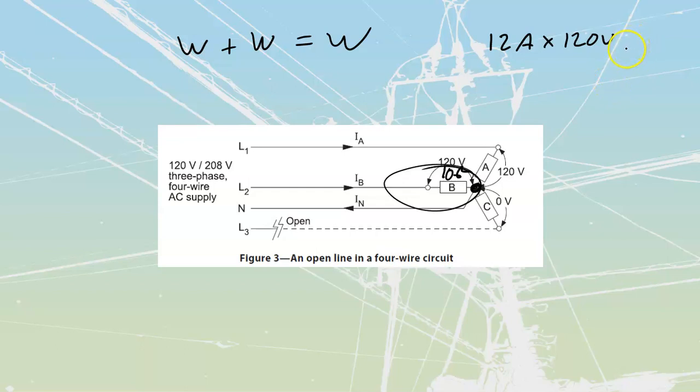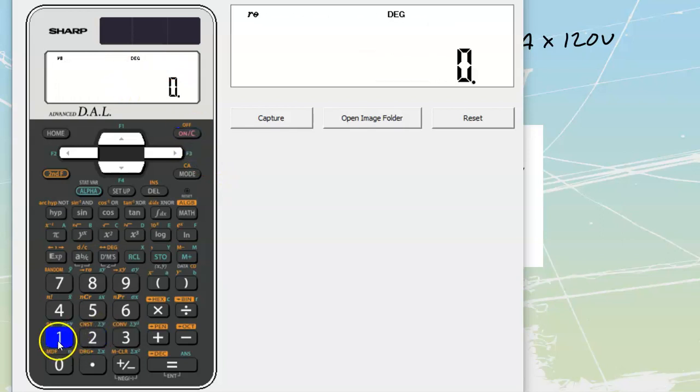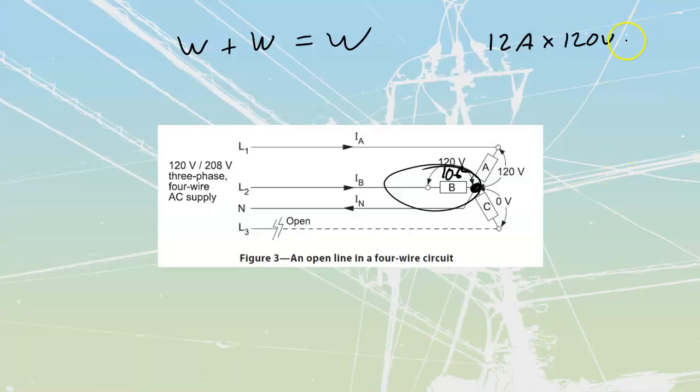So 12 times 120 is going to give me a value of 1440. 12 times 120 equals 1440 watts that we have for this resistor.